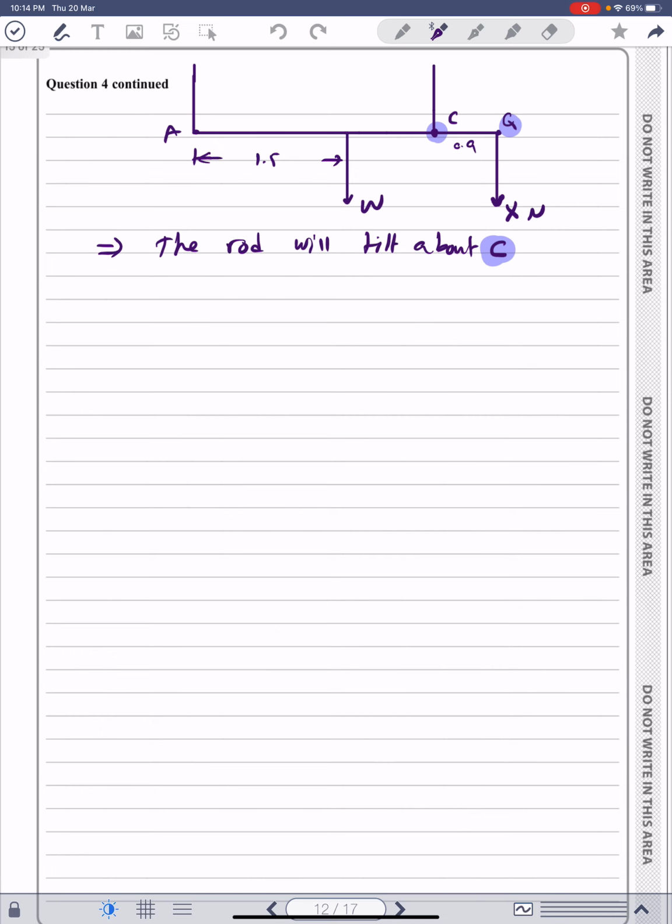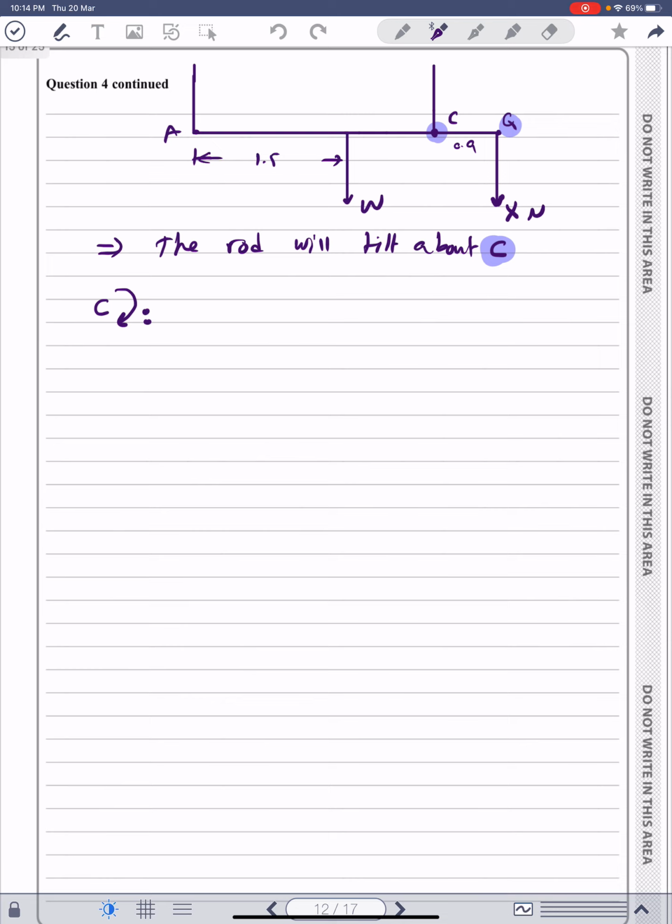So it will be tilting about C. Once you recognize that the rod tilts about C, you come here directly without thinking. You take the moments at the point of tilting.